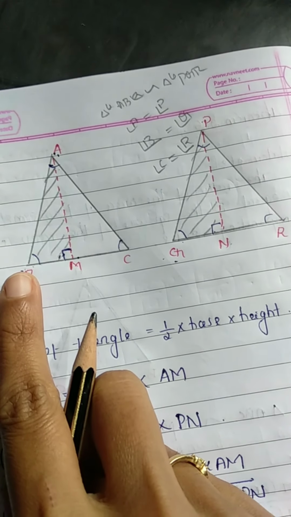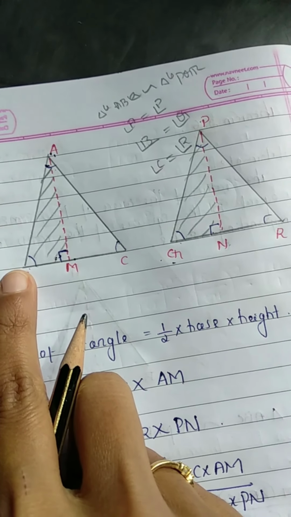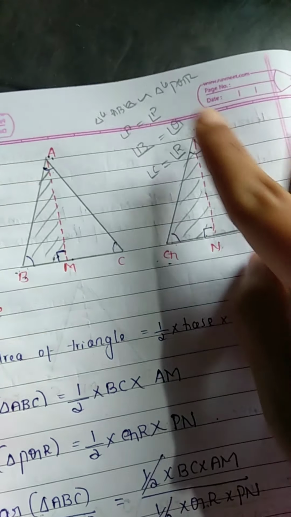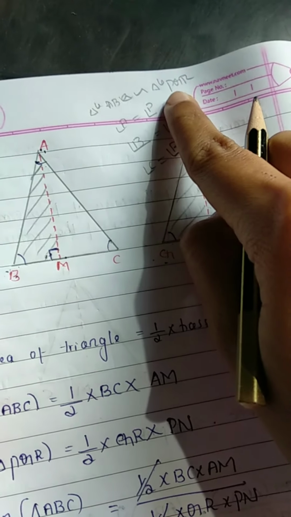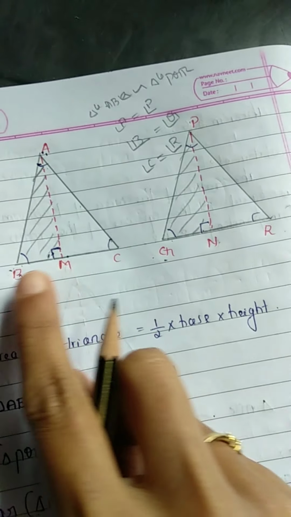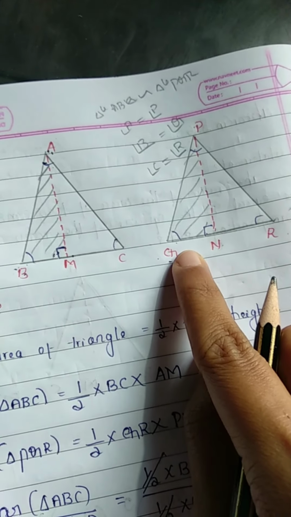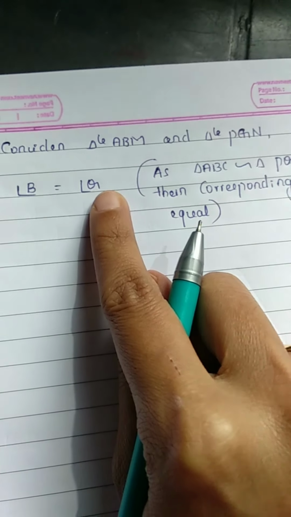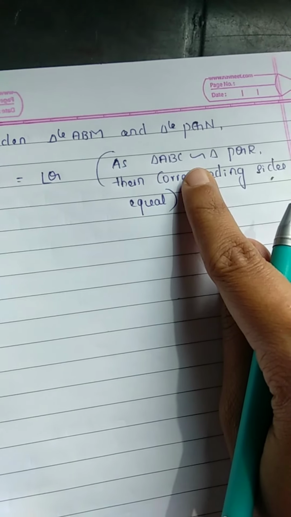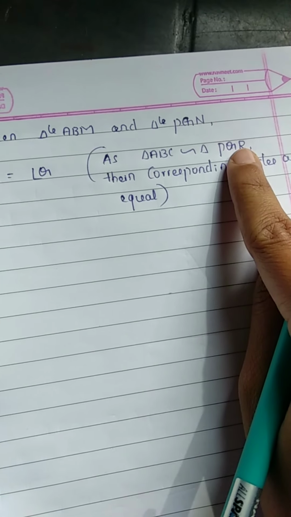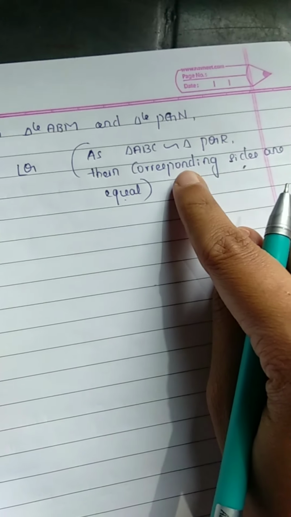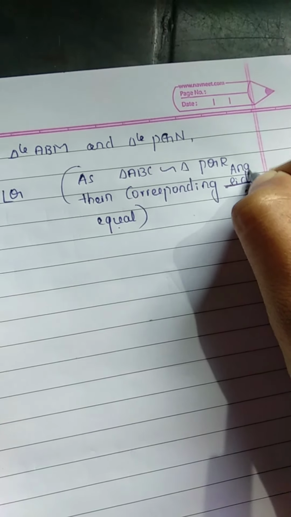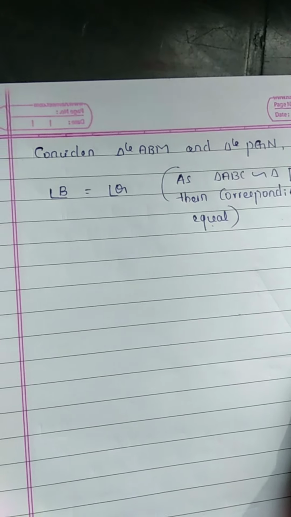Now consider angle B equal to angle Q. Reason: triangle ABC is similar to triangle PQR, then their corresponding angles are equal. Clear?